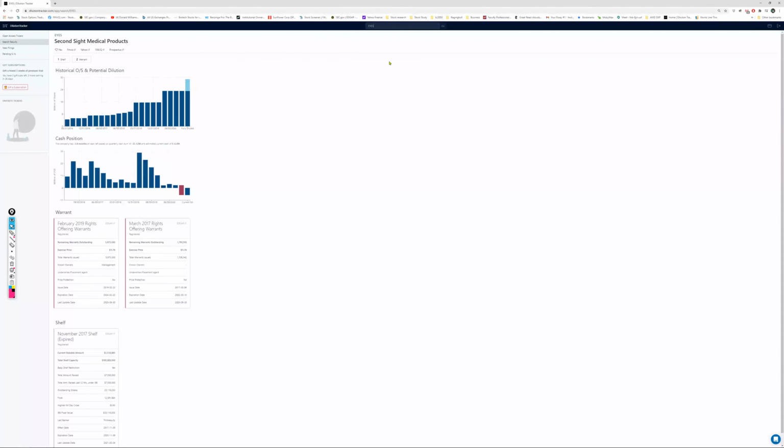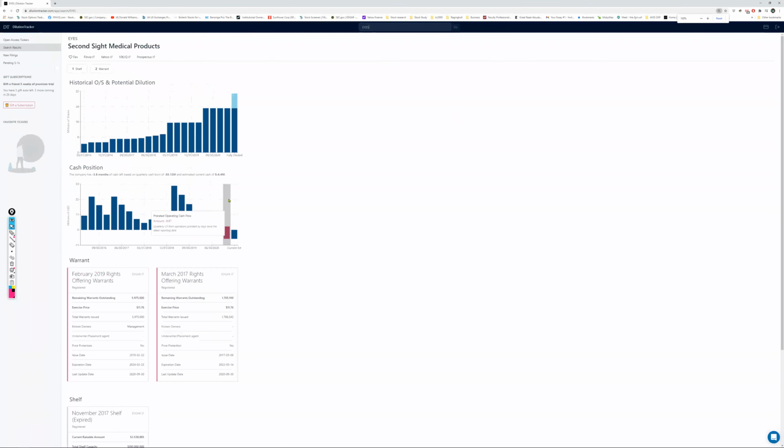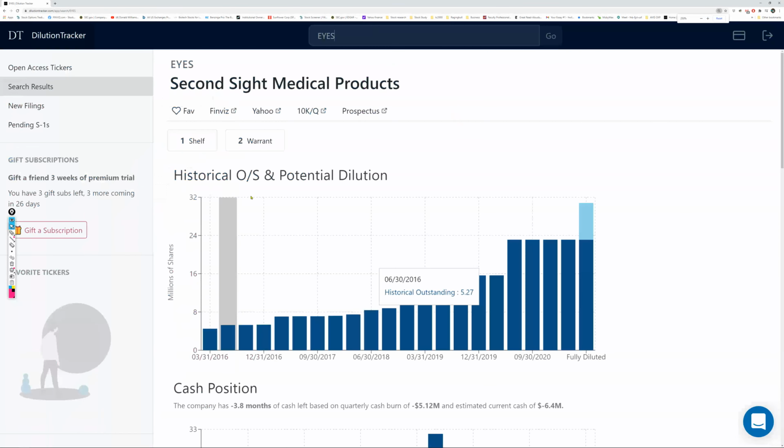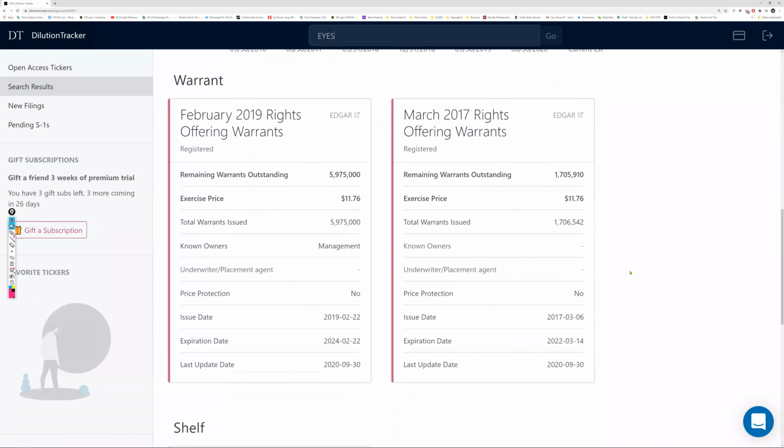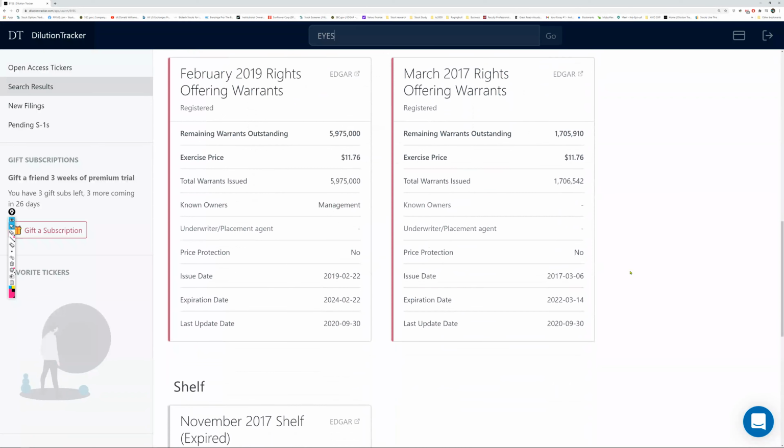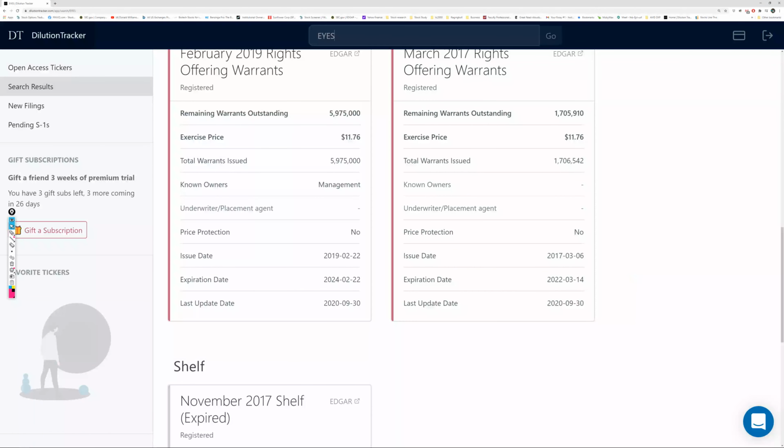But if you look at EYES, what kind of dilution do you guys see on EYES? Do you guys see any dilution that we should be worrying about? Does anybody see any dilution on EYES that we should be worrying about?